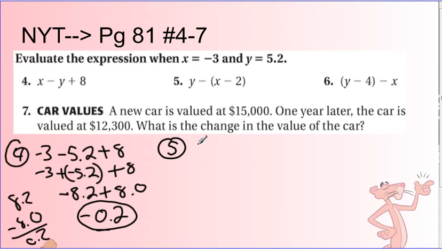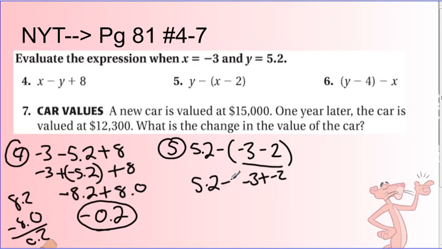Y is 5.2 minus, and we've got our parentheses here, a negative 3 minus 2. Okay, here, because we're doing the stuff inside parentheses first, because that's what the order of operations tells us to do, we're going to use KFC. So negative 3 plus a negative 2. The signs are the same. We add. Keep the sign on the bigger number.